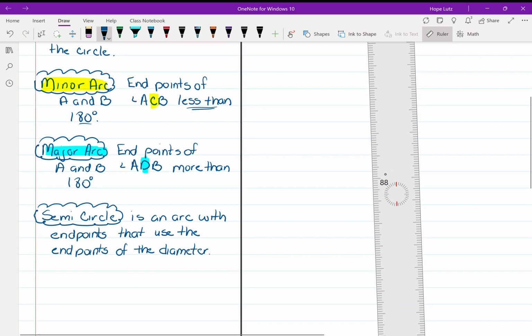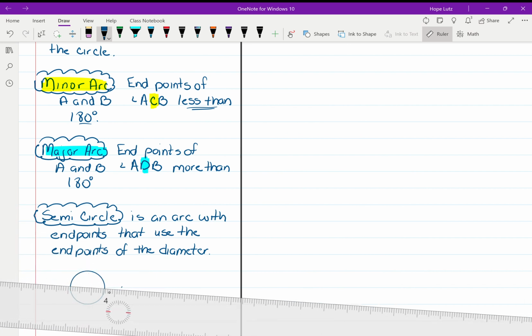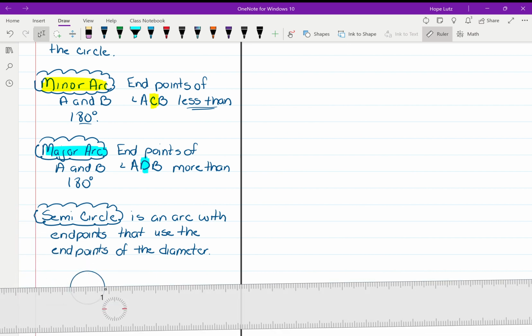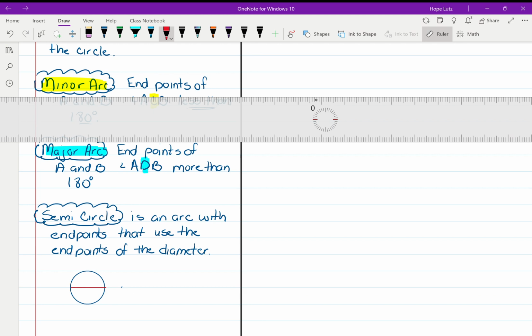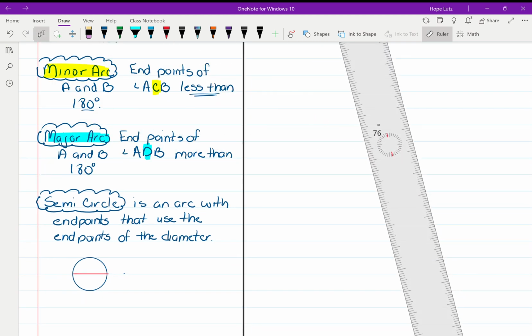Okay, so basically I'm going to draw a little circle here just so we can see that. Alright, so if I draw my diameter going across, my semicircle goes from endpoint to endpoint on my diameter.